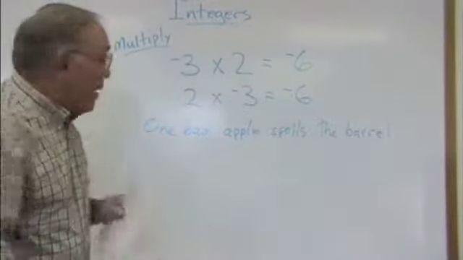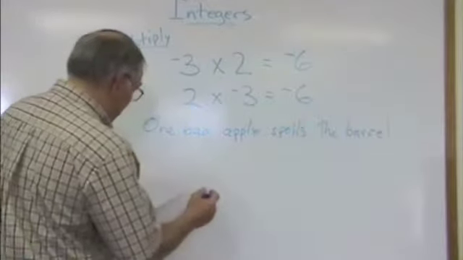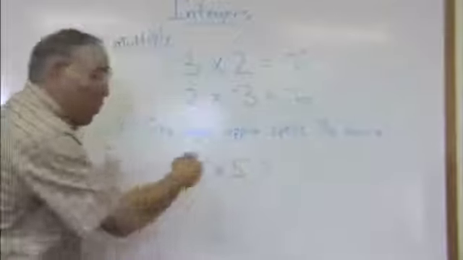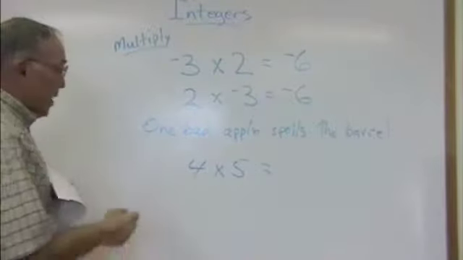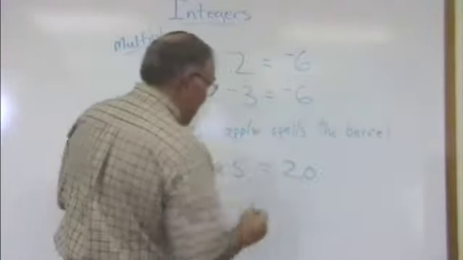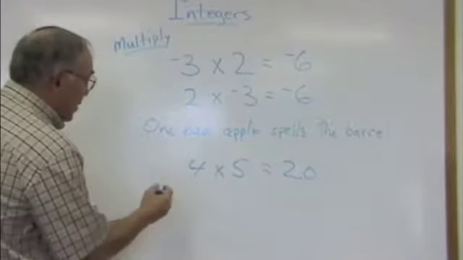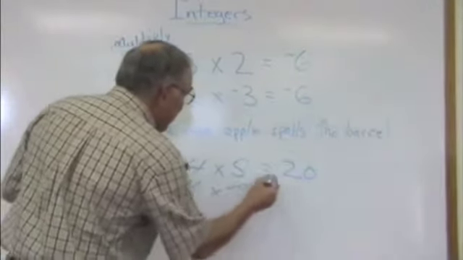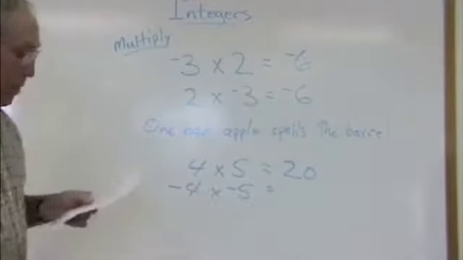What if the signs are the same? Well, if we had 4 times 5, these are both positive numbers, 4 times 5 is 20, the answer is positive. What happens if we have -4 times -5? This is the one that can be a little bit confusing.